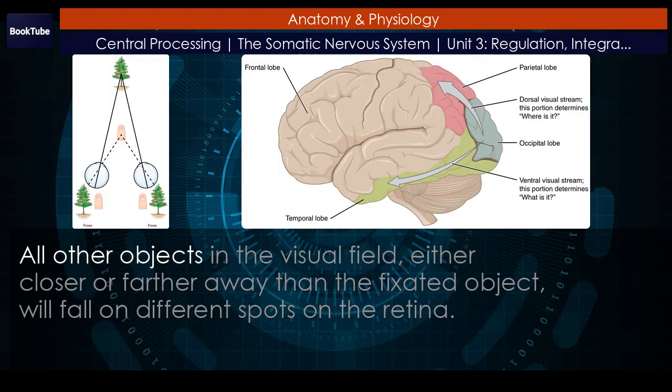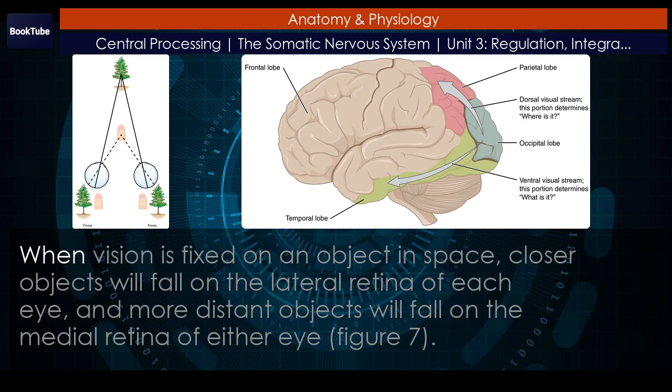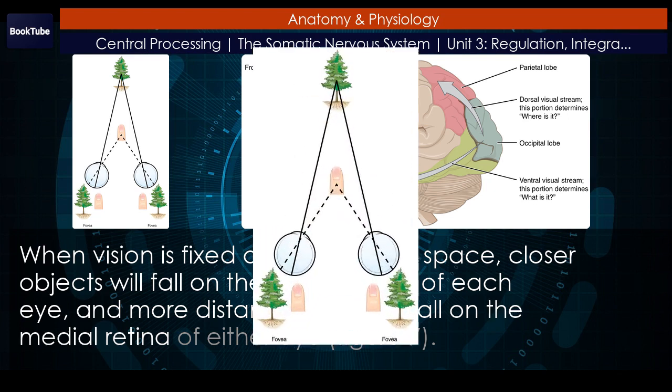All other objects in the visual field, either closer or farther away than the fixated object, will fall on different spots on the retina. When vision is fixed on an object in space, closer objects will fall on the lateral retina of each eye, and more distant objects will fall on the medial retina of either eye.